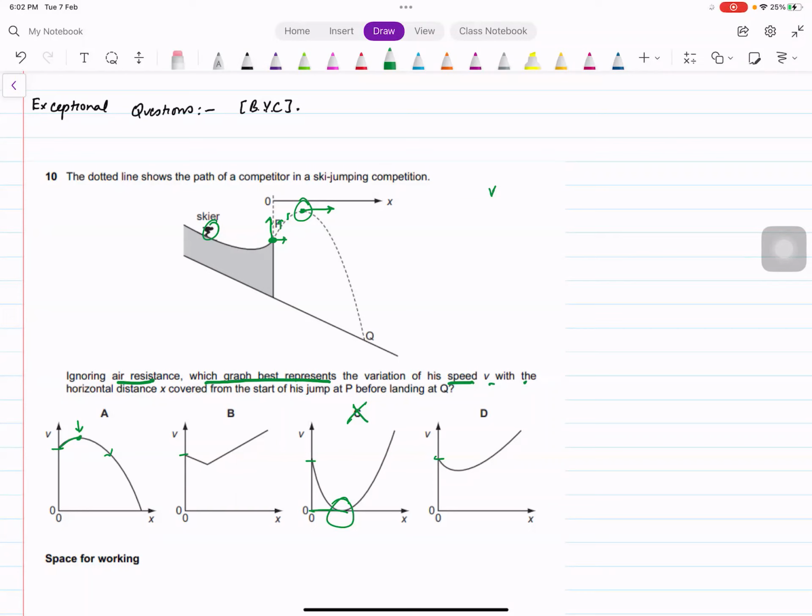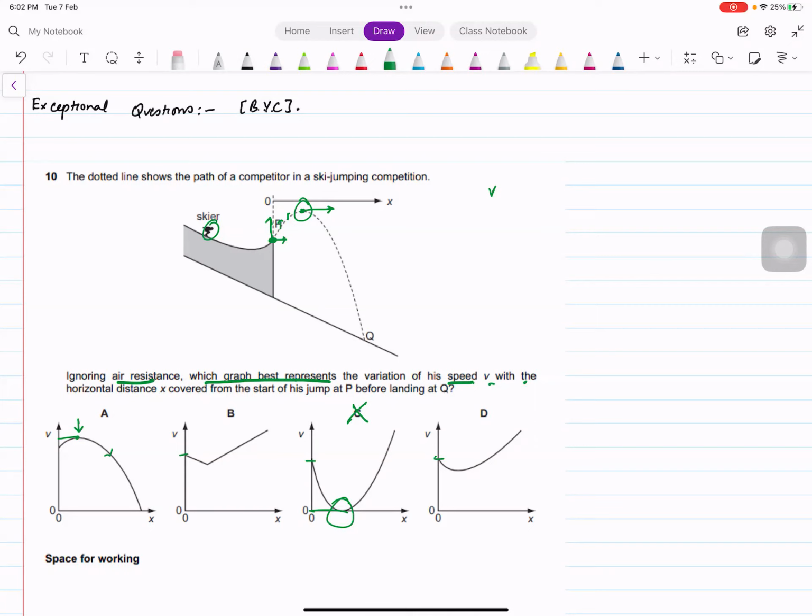I'm saying that in graph A, it's showing that at the highest point, the value of resultant velocity is the maximum. Is it possible? No, sir. Why?